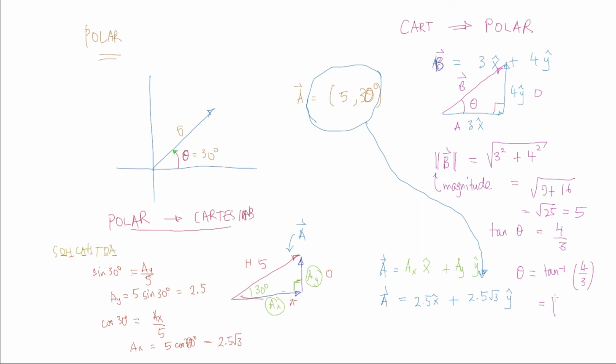I don't have my calculator with me, but if you enter that into the calculator, you should get a value for inverse tangent. So let's say it's 37 degrees. I'm pretty sure that's not the exact value, but now I can write B in terms of polars. It's 5 and 37 degrees, or whatever value it is that you get on the calculator.